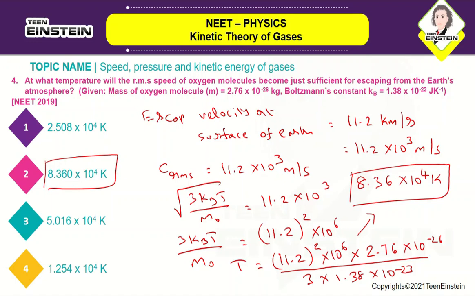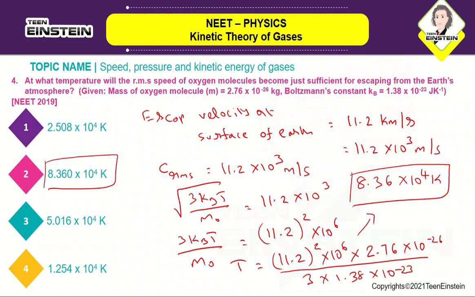So here they are telling us to find out the temperature at which the RMS speed of oxygen molecules becomes sufficient for escaping from the Earth's atmosphere. So the escape velocity of Earth's atmosphere is 11.2 kilometer per second, and they want to know the temperature at which the escape velocity is equal to the RMS speed.